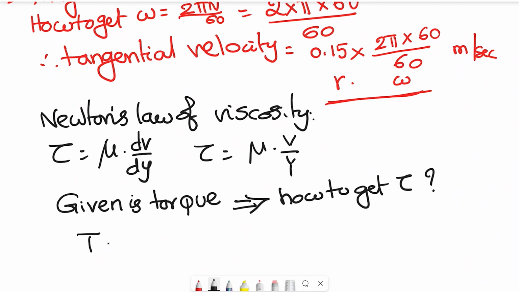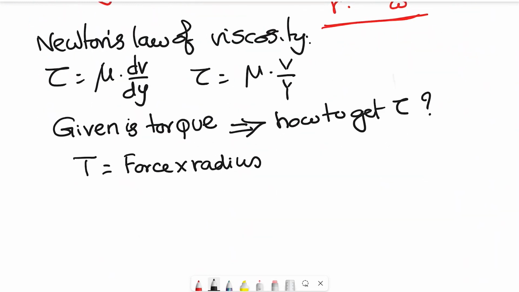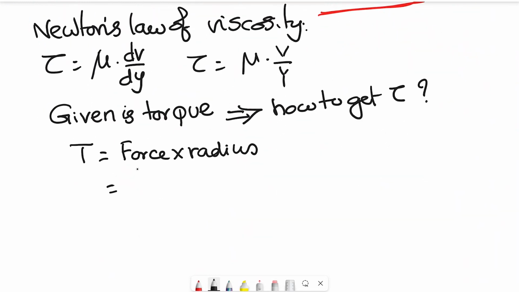Already I mentioned torque T is equal to force into radius. And then if that is the case, what is the force? I don't know. Torque is how much he has given? 0.98.